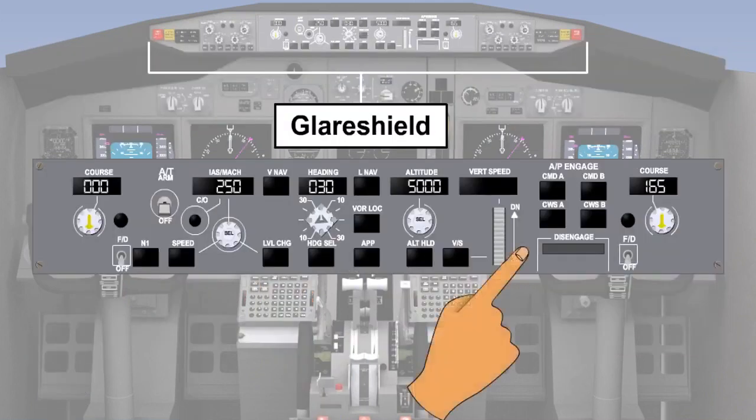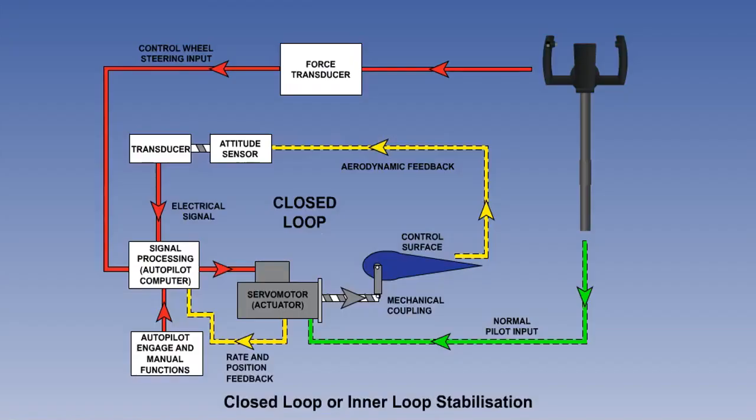If the autopilot is engaged in control wheel steering mode, using the control wheel steering button on the MCP, then the pilot can use normal control forces on the control column to fly the aircraft with the autopilot engaged. The system achieves this by using a force transducer to convert a manual input to an electrical signal that the autopilot computer uses.